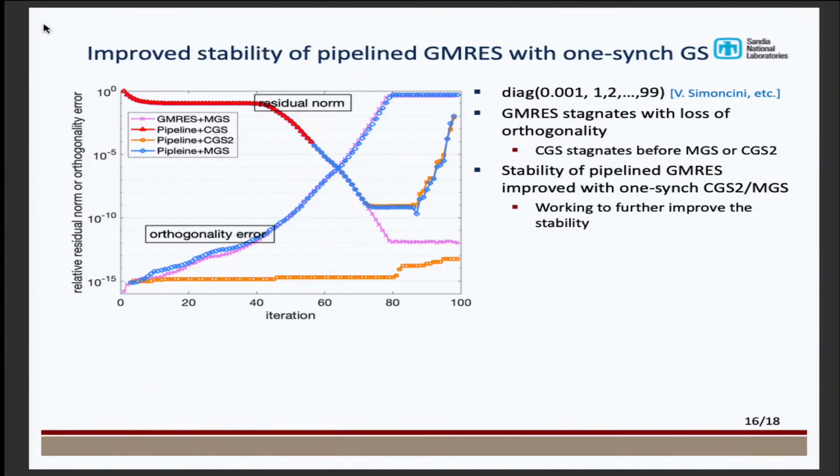So we also integrated this new scheme into pipelined GMRES. This is one of the stress tests in terms of numerical stability. This pink line shows the convergence of standard GMRES, and it goes all the way to the maximum ratio norm that we can get for this particular matrix.